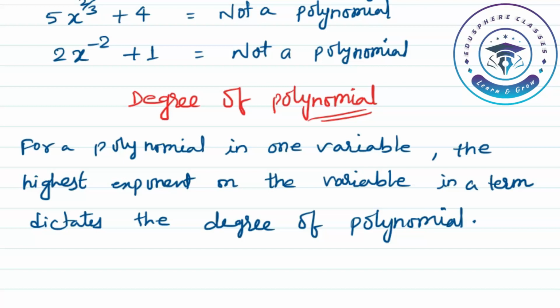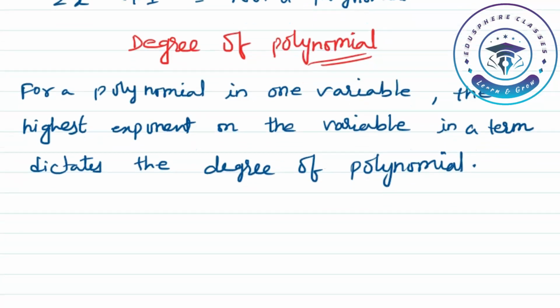But if we have more than one variable in a polynomial, then it will be the sum of the degrees in a term, whichever is highest.